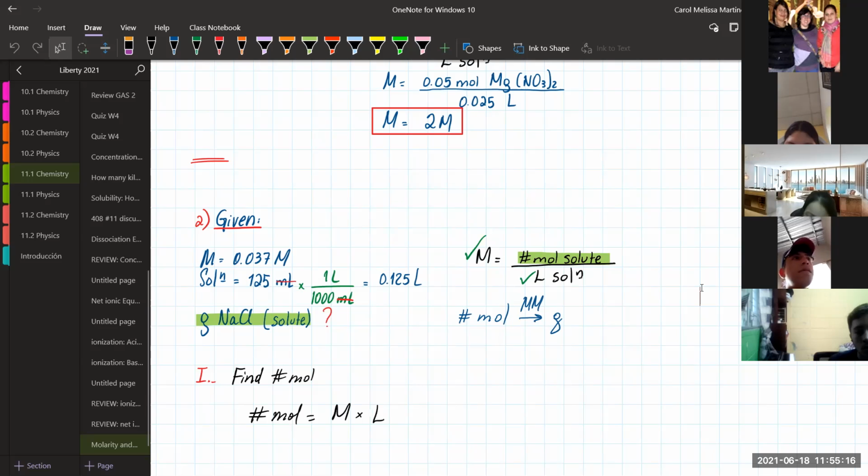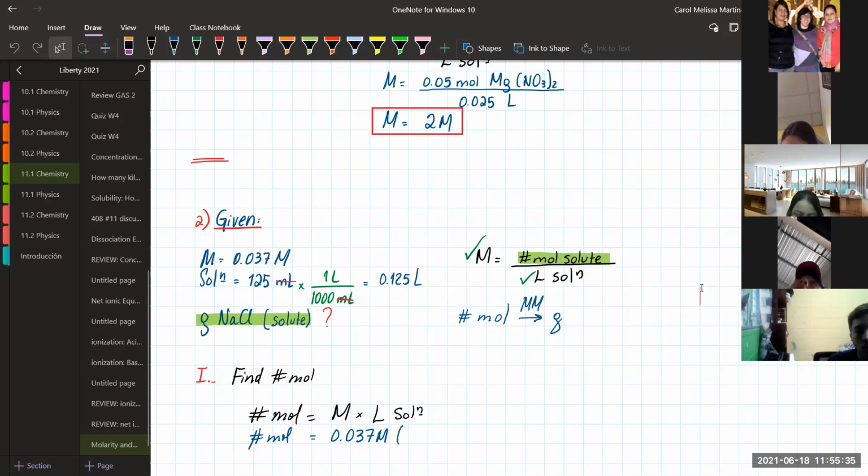We substitute the givens, and we multiply times the liters of solution.